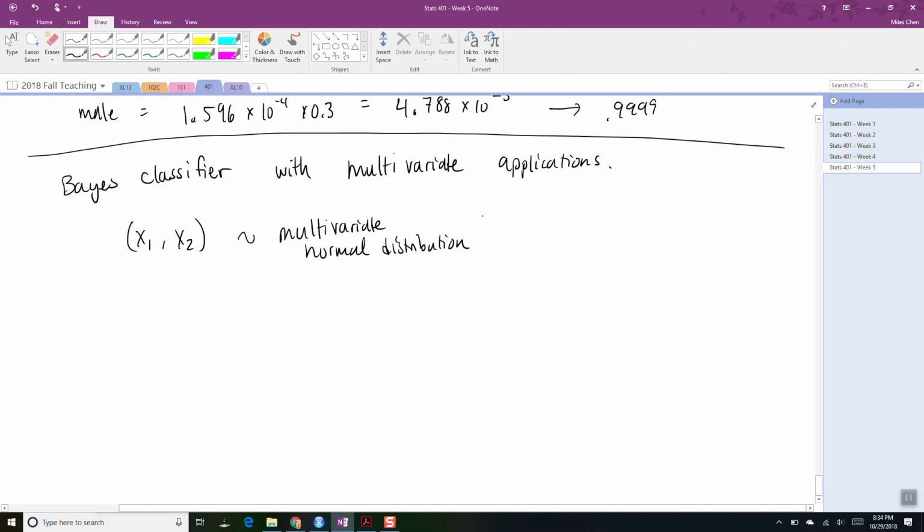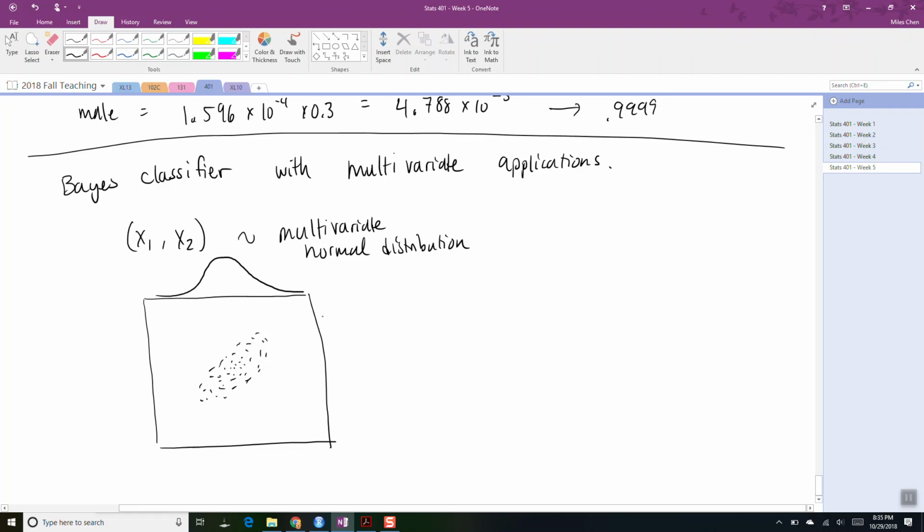A multivariate normal distribution might look something like this, where if you make a projection onto one of the axes, you get a normal distribution, and if you make a projection onto the other axis, you get a normal distribution. But maybe there is covariance.